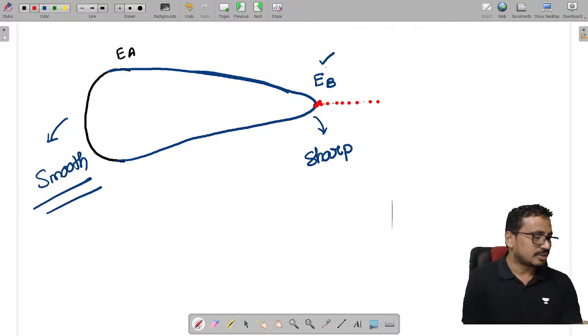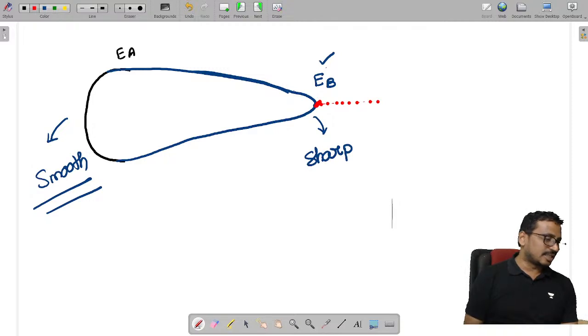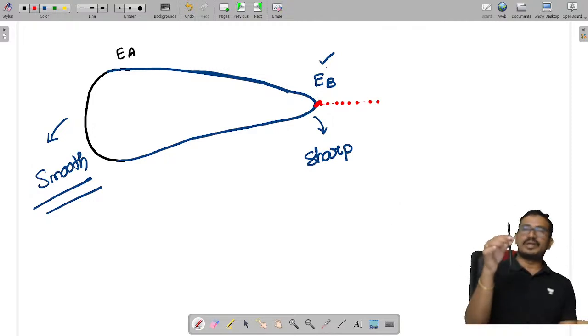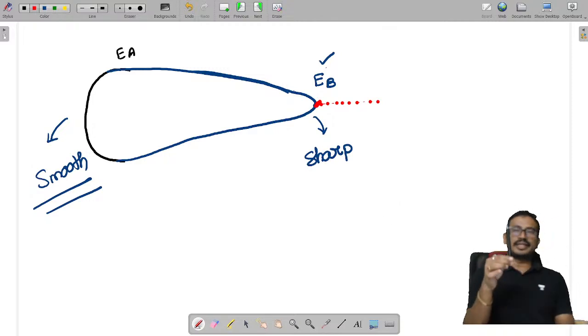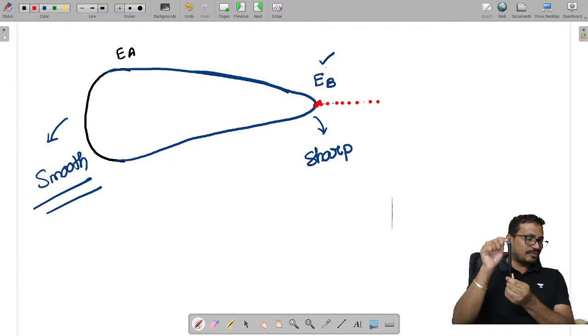We cannot have a discharge. And where it is an advantage is in the lightning conductor. You might have heard that at the top of a building we install a lightning conductor. The top of the conductor is very sharp, so at that location the electric field is high.